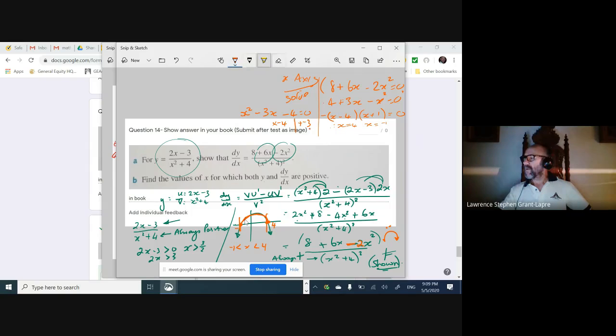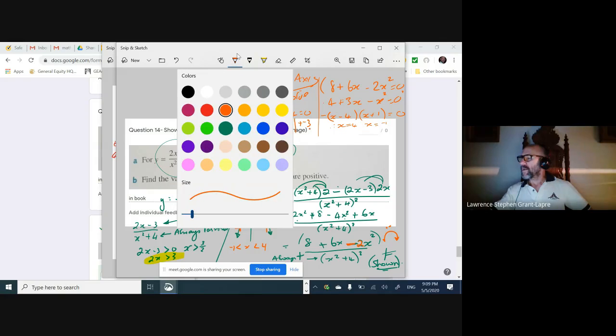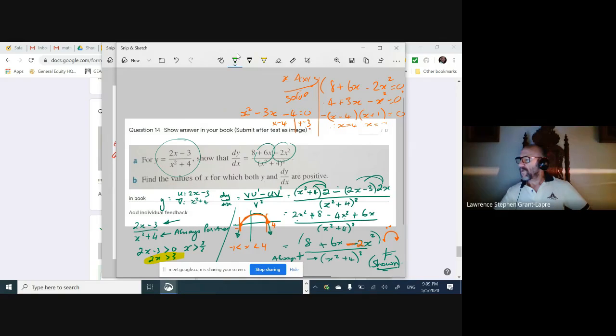And this one is, let's make it bright green. There's 1.5, 3 over 2. It's positive after 3 over 2, so that we get a combination of these two.